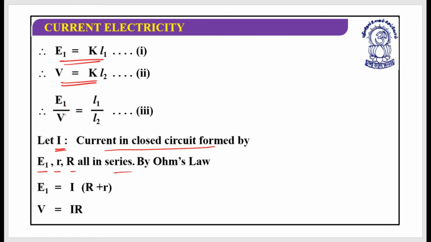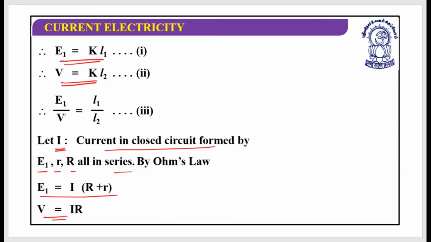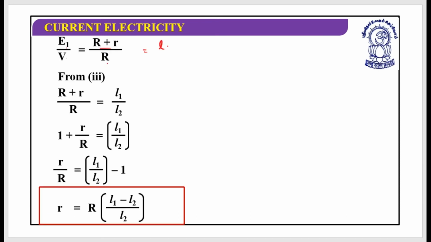By Ohm's law, I can write E1 equals I into (R plus r), and I have this relation, V equals IR. So let's take a ratio of this, E1 by V, which is equal to (R plus r) by R. Previously we had a relation of E1 by V as L1 by L2, and that could be written as (R plus r) by R.